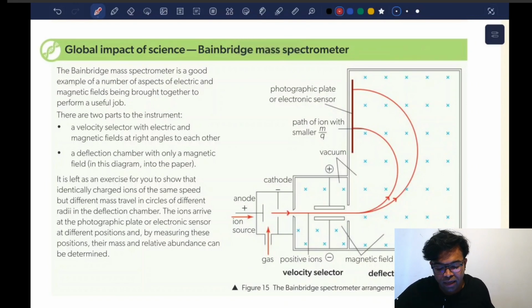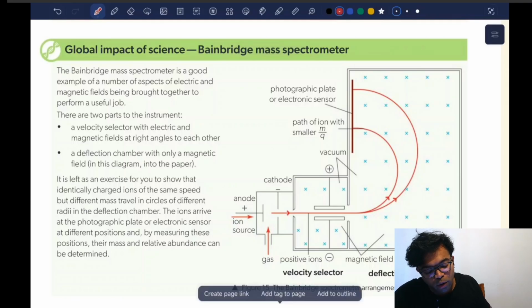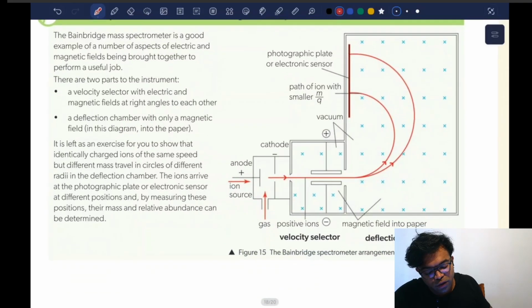Okay, the Bainbridge mass spectrometer is a good example of a number of aspects of electric and magnetic fields being brought together to perform a useful job.